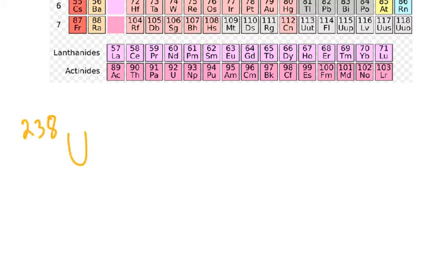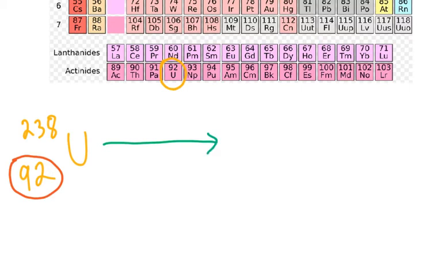Uranium-238, and if you look at its atomic number on the periodic table, it's 92. We can already tell that this atom has a lot of protons, greater than 83. So it's going to undergo radioactive decay, in this case alpha decay, because it has a lot of protons in its nucleus.